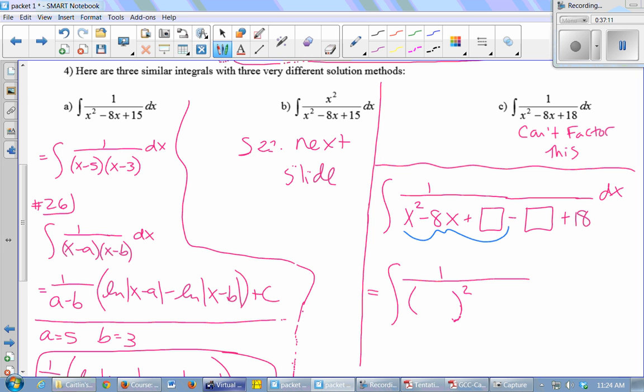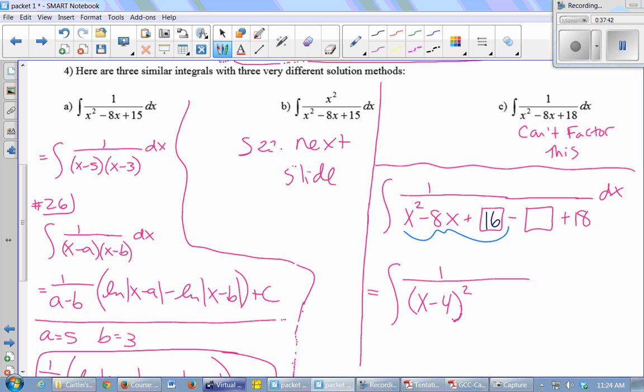If you choose that thing to be 16, x squared minus 8x plus 16, how does that factor? Close. x minus 4 squared. And the shortcut for choosing that number is to take half of b and square it. So take the negative 8, half of it is negative 4, square it is positive 16.